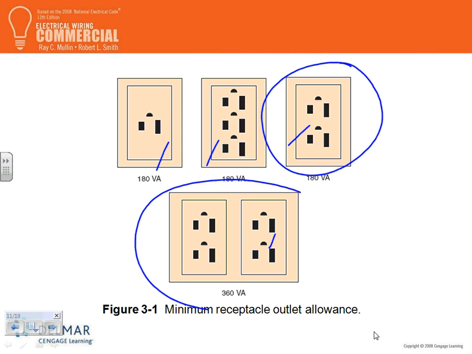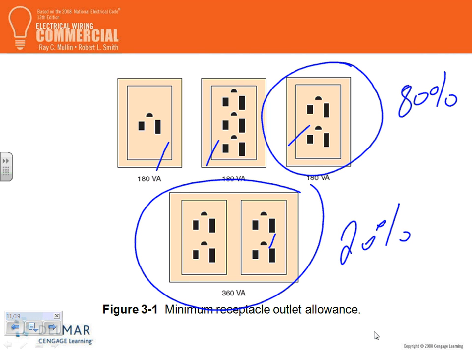I would say 80% of the time you're using this, maybe 20% using quads, and a tiny fraction using a single receptacle. And the calculation is always 180 per yoke. The yoke could have 2 receptacles or 1 receptacle.